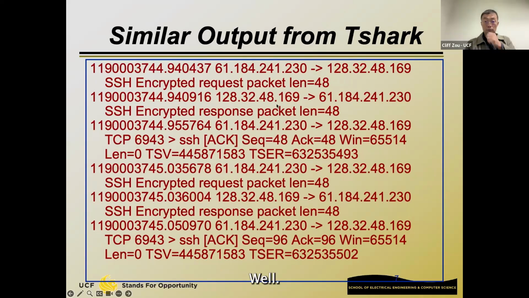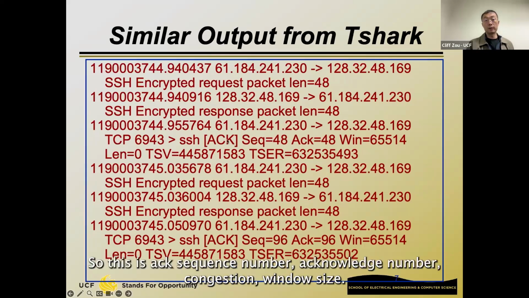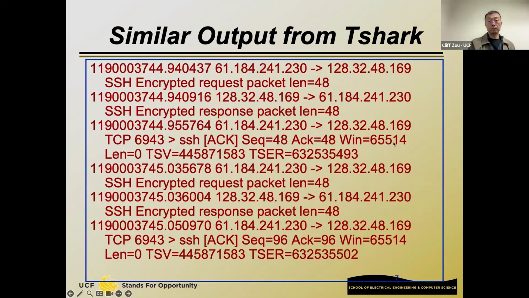It says the TCP source port is this, the destination port is this, and this is an ACK packet. Basically, the ACK bit is set to 1. So this is ACK, sequence number, acknowledge number, congestion window size. So this is the TCP header information.